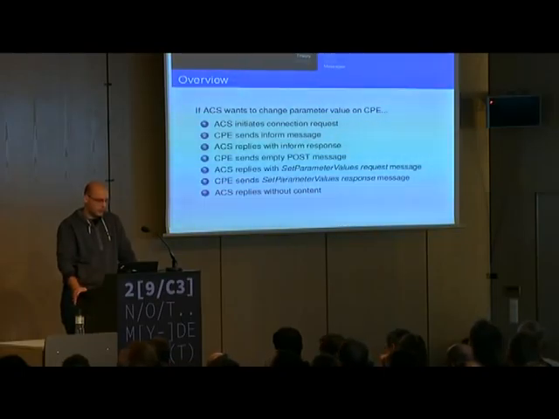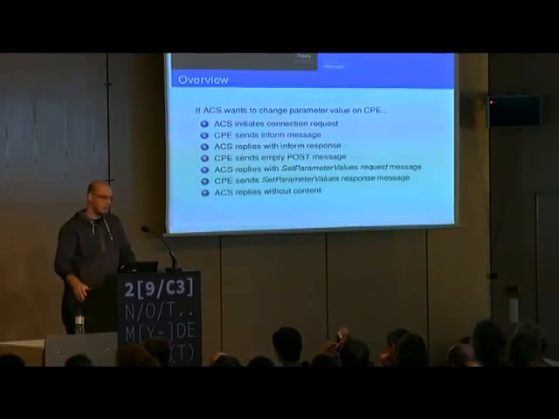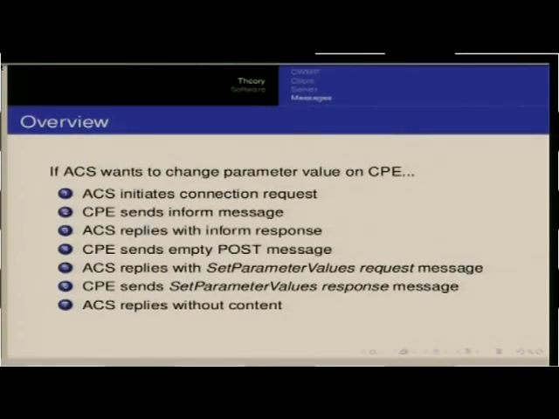The ACS will reply with an Inform message response. Then the CP will send an empty POST message. In CWMP, an empty POST message means that the party that sends it has nothing to say. So the ACS can send an empty reply, or it can send a 204 No Content message.